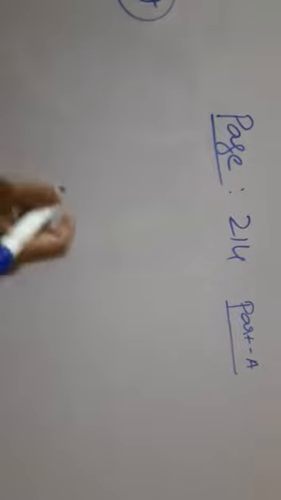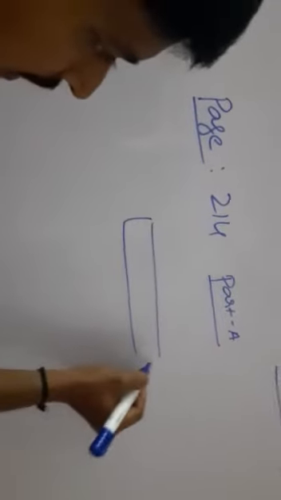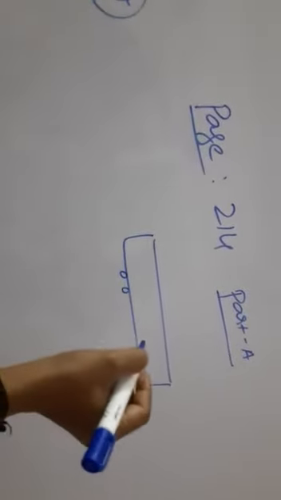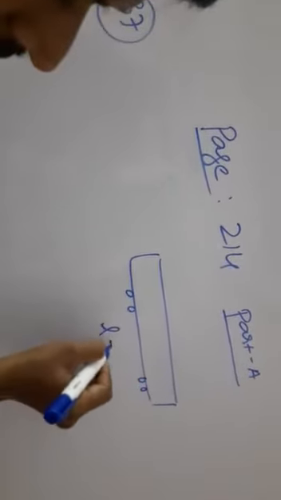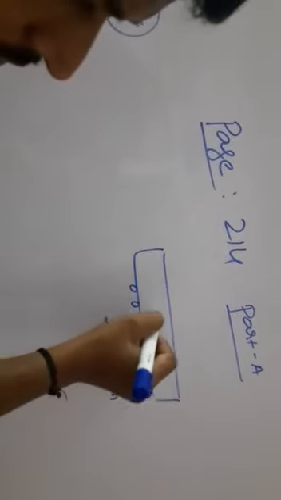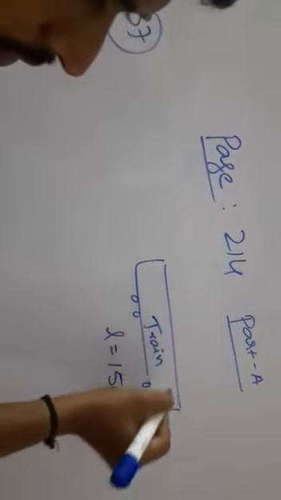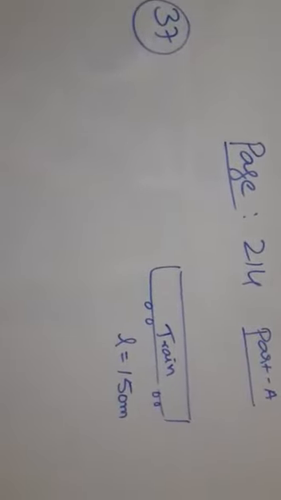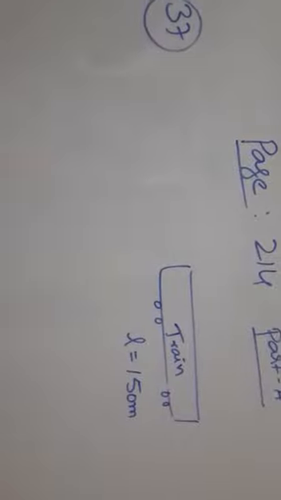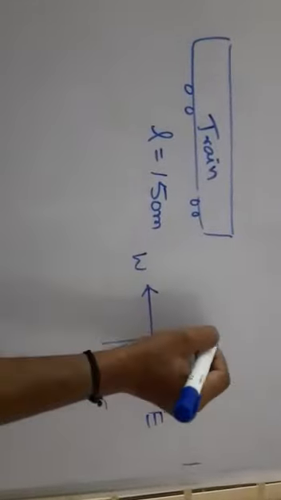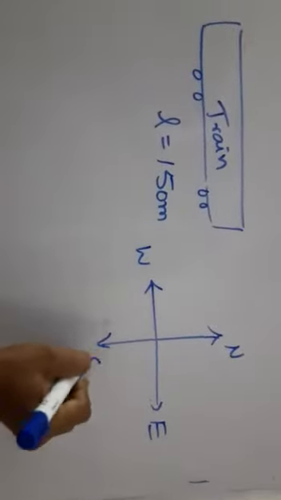Next, it says a train. The length of the train is given as 150 meter. It is going towards the north direction; this is east, west, north, south.